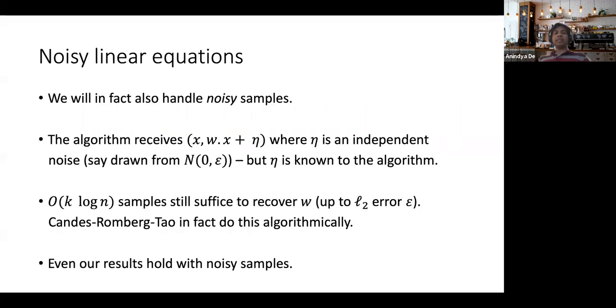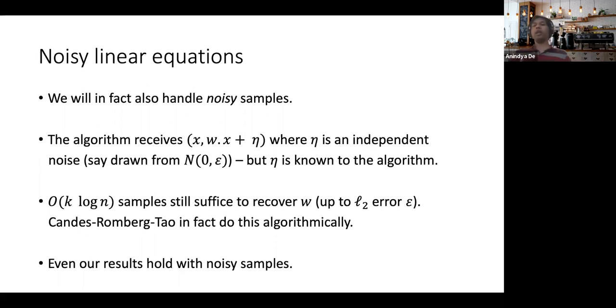And I will say a few more things. Our result would in fact also handle noisy samples. What do I mean by noisy samples? Instead of the algorithm receiving elements of the form x comma w dot x, it will receive samples of the form x comma w dot x plus eta, where eta is independent noise with a distribution known to the algorithm.